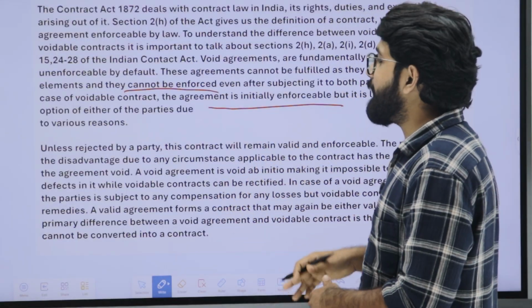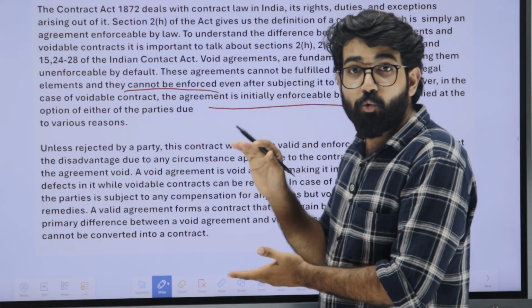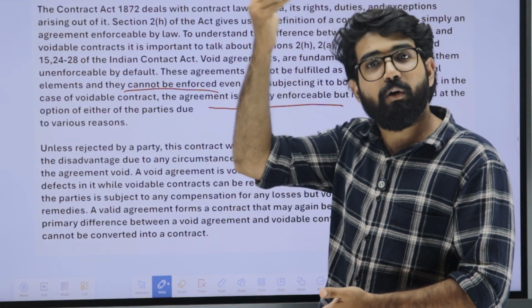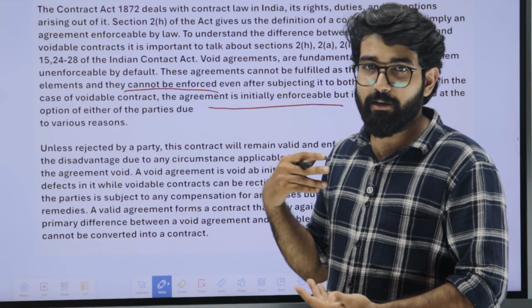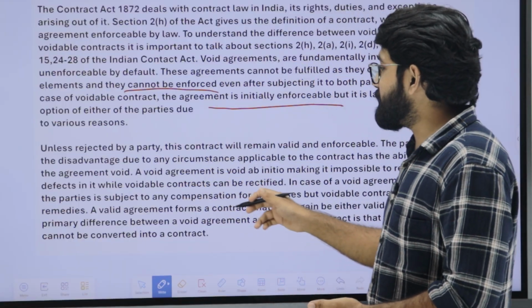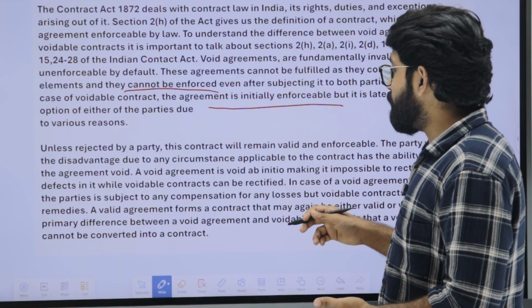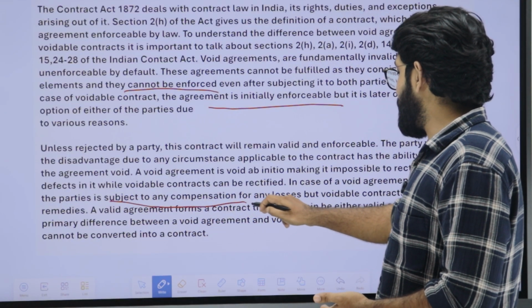In the second paragraph, the idea changes. Here is a new idea, which is already implied but not expressly stated by me in my classes. The idea is that voidable contracts are subject to compensation.